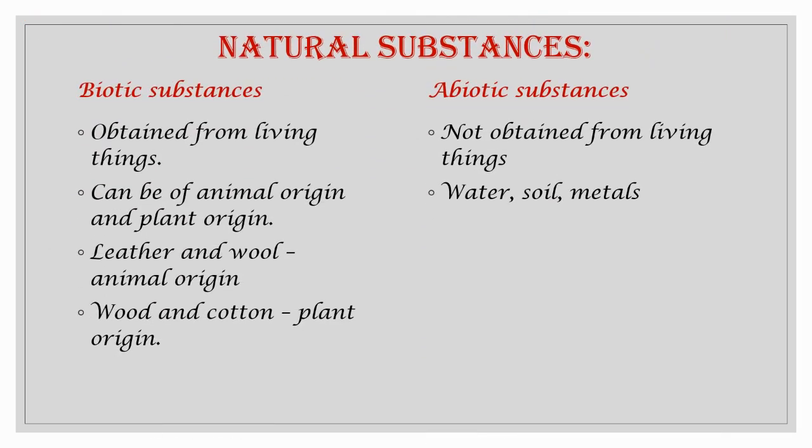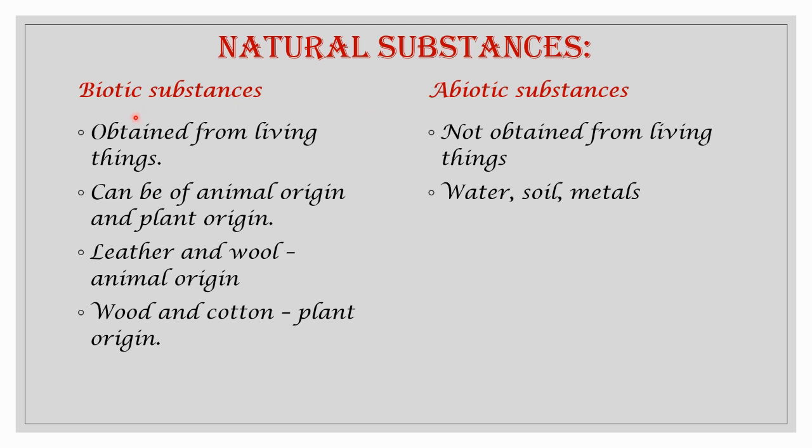Now students, as we learned earlier, substances are classified as natural substances and man-made substances. Now let's study natural substances. What are natural substances? Substances available in nature are called natural substances and they are further classified as biotic substances and abiotic substances. Now what are biotic substances?